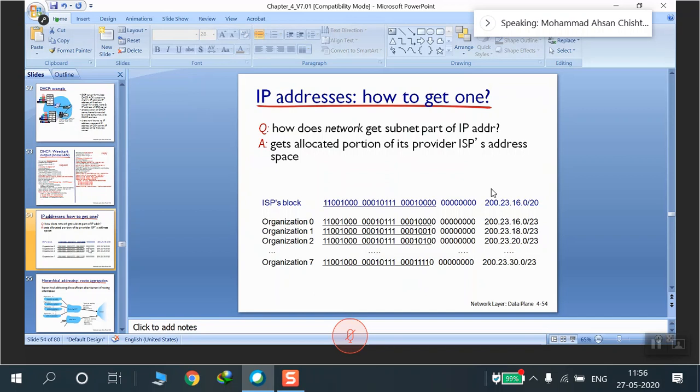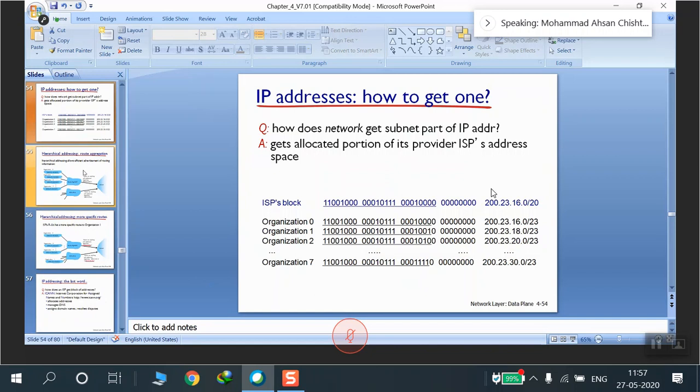Now, if two of them have the same IP address, how would your router, your gateway, know where to send this packet, whether this is the correct IP address or that is the correct IP address? So you would have what we know as an IP address conflict. Your operating system would give you a message that there is an IP conflict within your network.